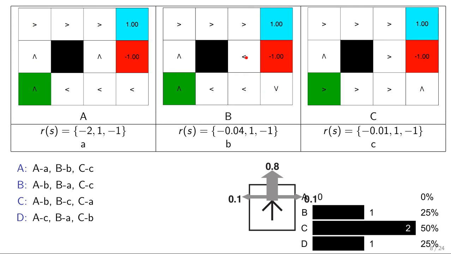So rather than going up, which would be intuitive, the agent prefers to go into the wall and wait for the chance to bring it either here or here. In both of these cases, it is absolutely sure that it will never fall here, because the stochasticity will never bring you in the opposite direction, only left or right, clockwise or counterclockwise from where you want it to go.